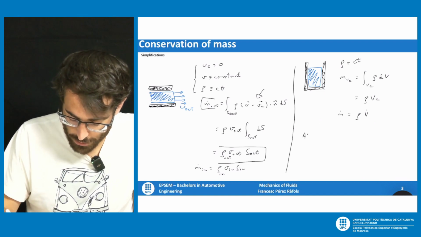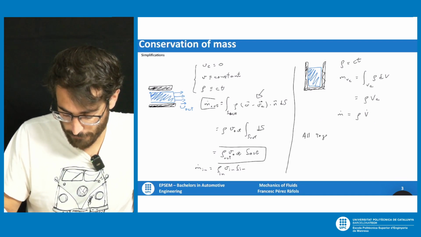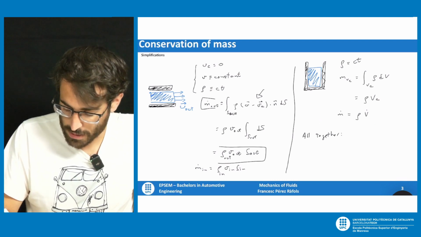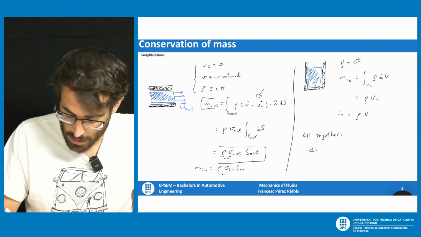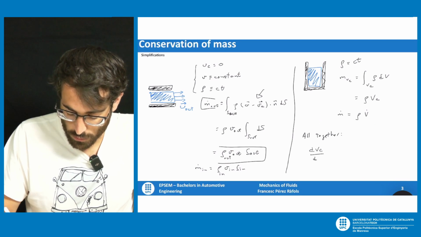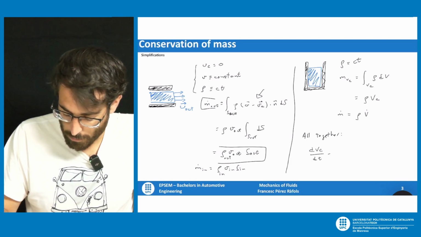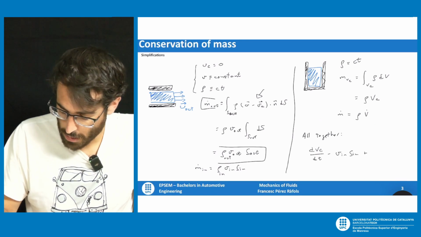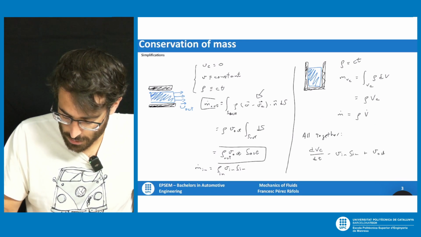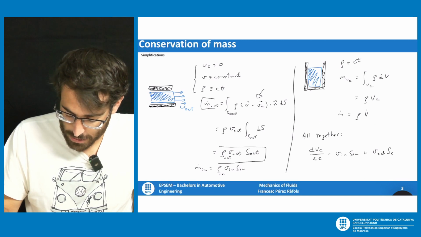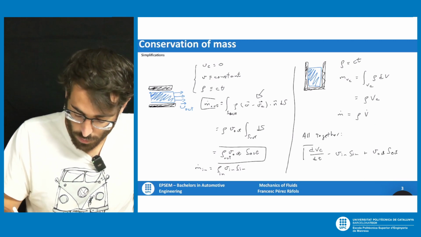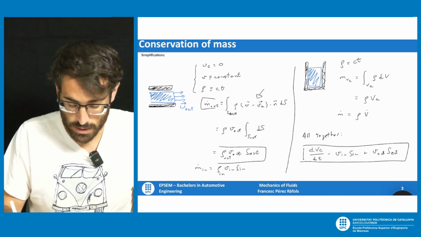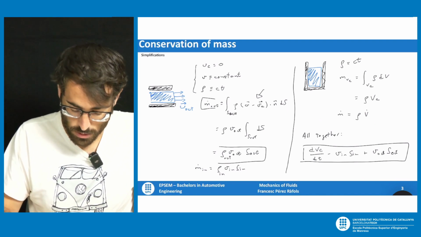If we put all the simplifications together, we find this simplified version of the mass balance: the change of the control volume, minus the velocity in times S in, plus the velocity out times S out. This is going to be useful, but remember, it is only true in these cases where everything is constant.